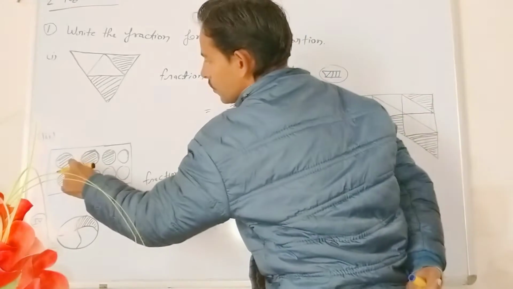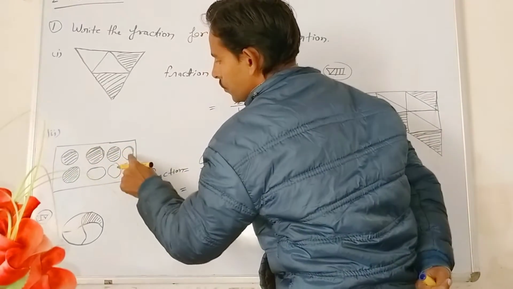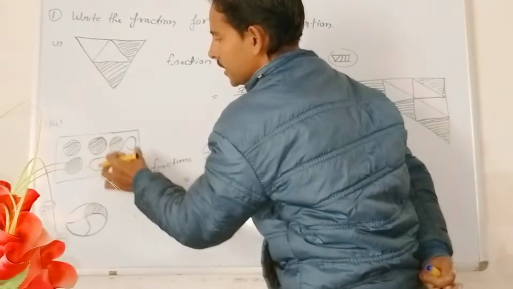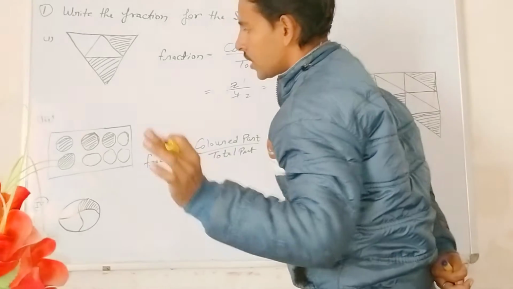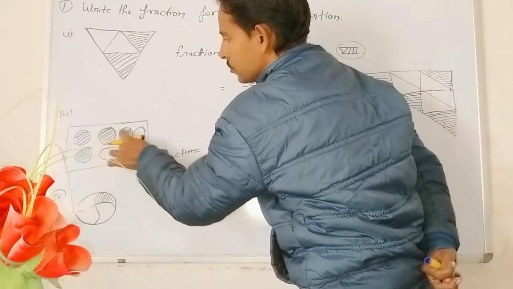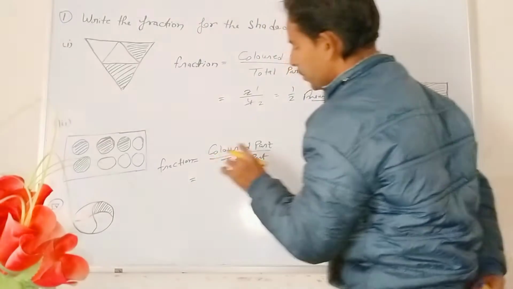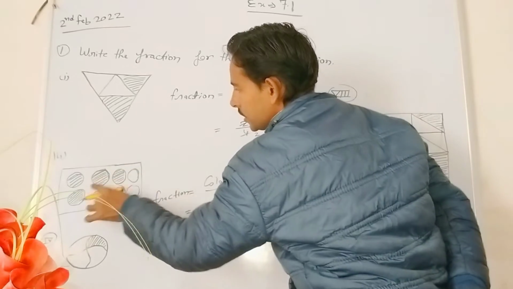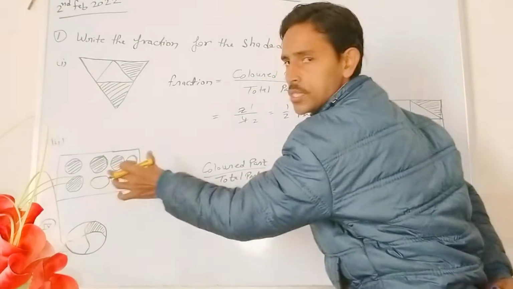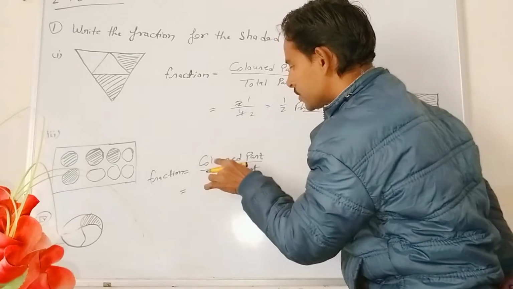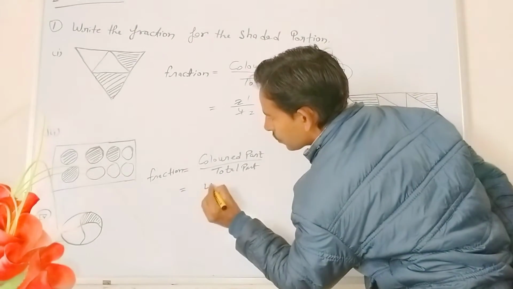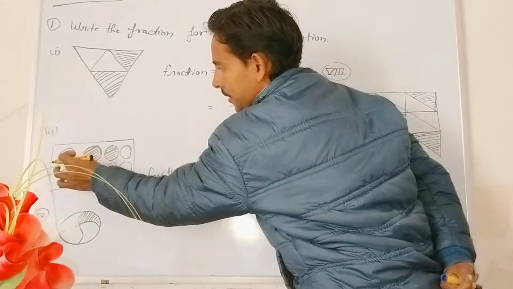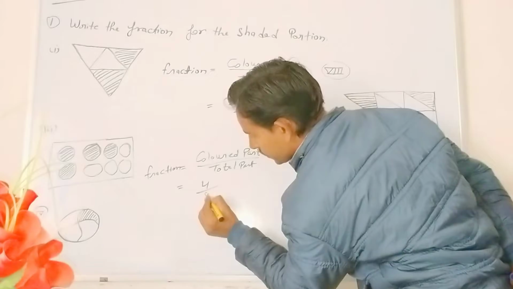We are looking that there are 1, 2, 3, 4, 5, 6, 7, 8 balls. In this box there are 8 balls, and the number of colored balls is 1, 2, 3 and 4. How many balls are colored? 4 balls are colored. So in the place of colored part we can write 4. And in the place of total part we can write how many balls in total? There are 8 balls. So we can write very easily 8.